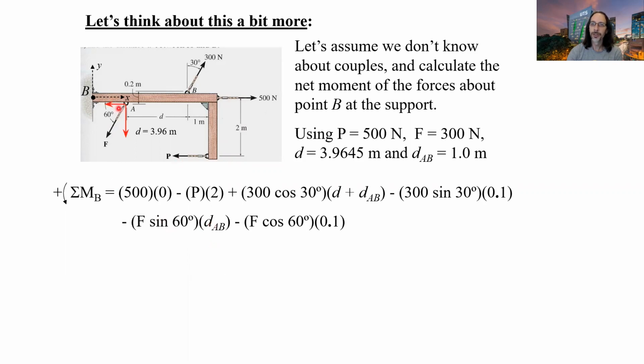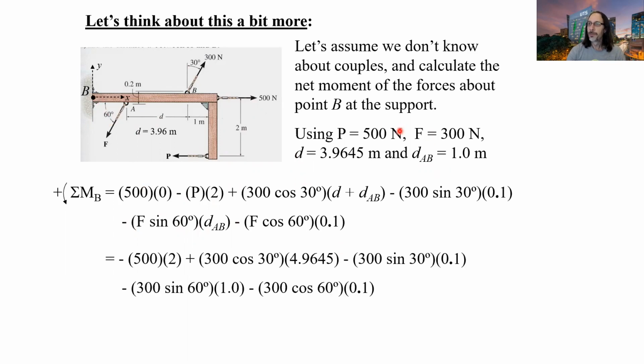And this horizontal component, F cos 60, or if you like, F sine 30, times 0.1, tending to rotate clockwise about point B. They both tend to rotate clockwise about point B, so they're both negative. So that's calculating the moment of each of these 4 forces about point B. If you put in all the numbers that we've got up here, you should see that this is equal to 0.